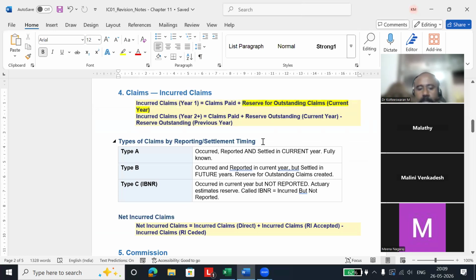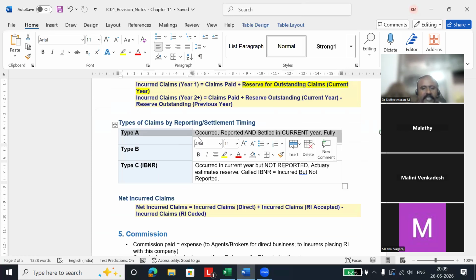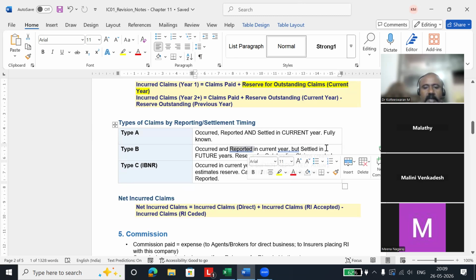Okay. Any questions? Okay, great. So type A. Type A claims are occurred, reported and settled. Everything is done in the same financial year: the claim came, I paid, I settled. Type B is occurred, reported but not settled.